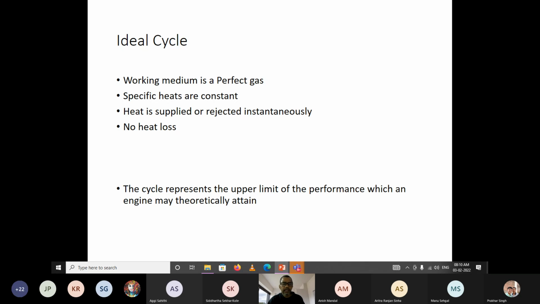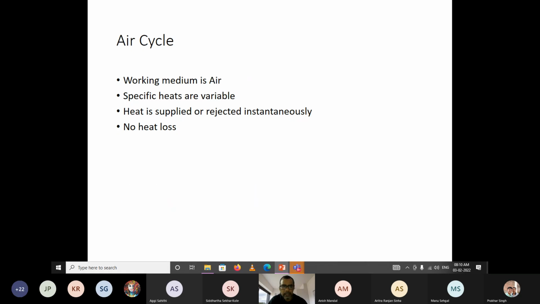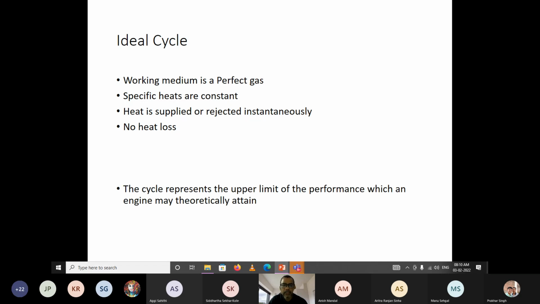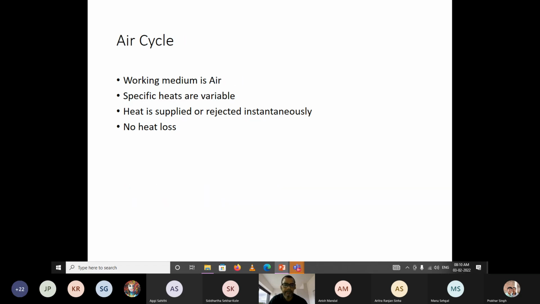Then what happens is that we simplify these assumptions and try to go to the realistic condition. So in the next slide, when we come to the air cycle, two of the assumptions are slightly changed.